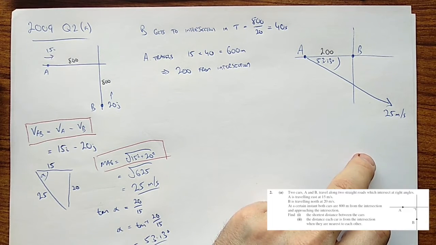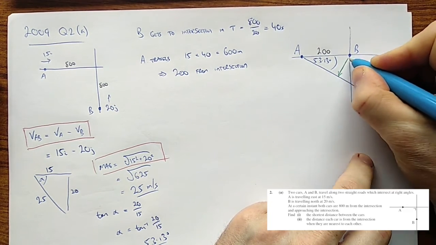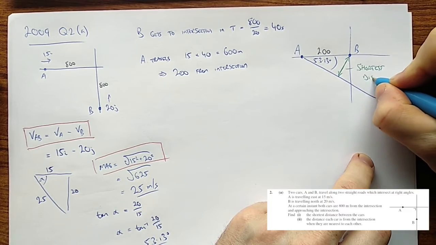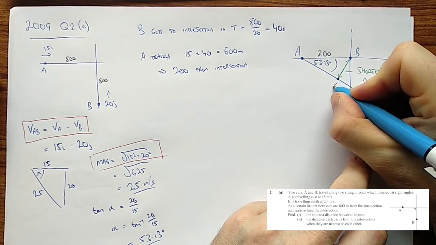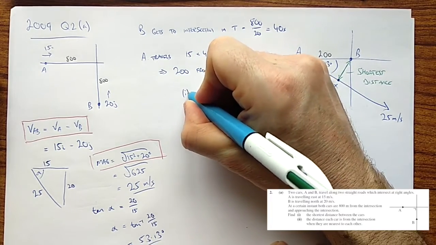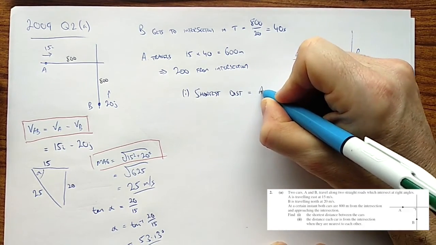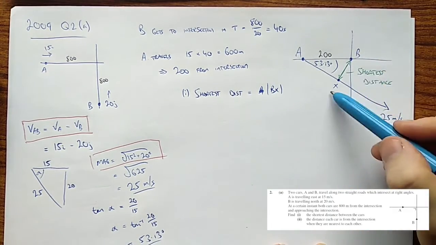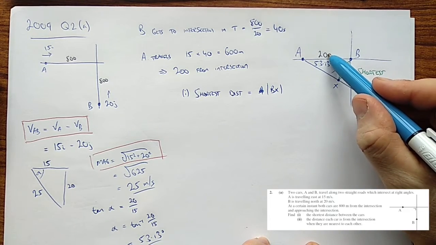So, part 1 here is looking for the shortest distance. That is going to be this distance here. Let's call this X, so we can talk about it. Now, part 1, shortest distance is equal to, of course, not AX, it's BX. The distance from B to X. Well, we know the distance here, and we know the angle.